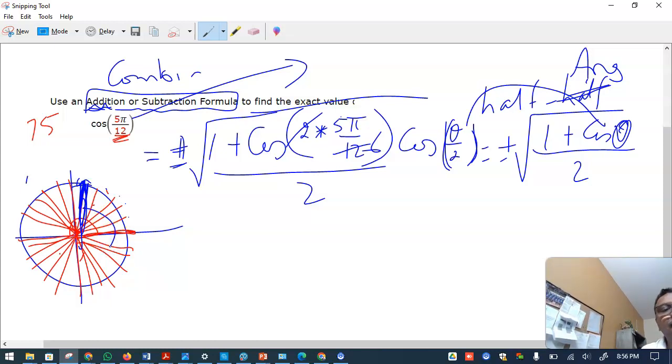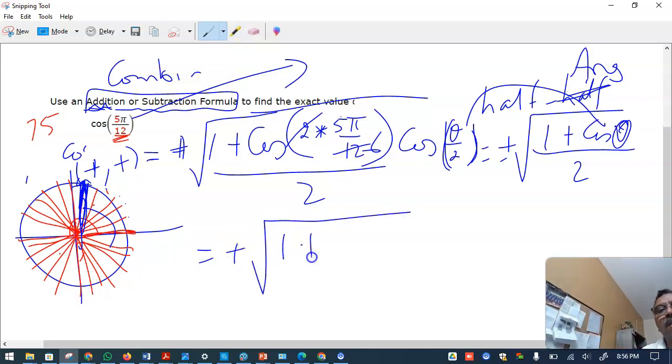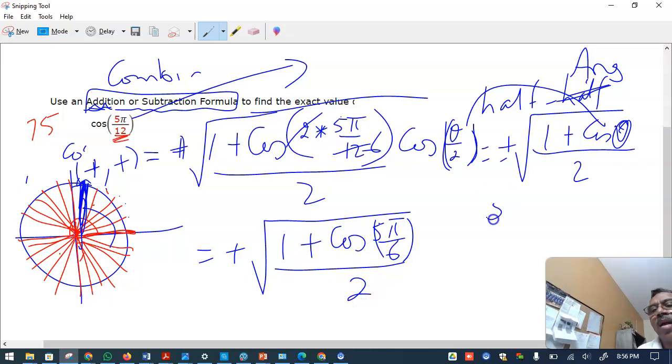Okay, now the cosine is plus in the first quadrant, both are positive. So this has to be plus. So I'm going to take this minus off. And then you say, okay, this is plus square root of 1 plus cosine of 5 pi by 6, divided by 2. And what is 5 pi by 6?